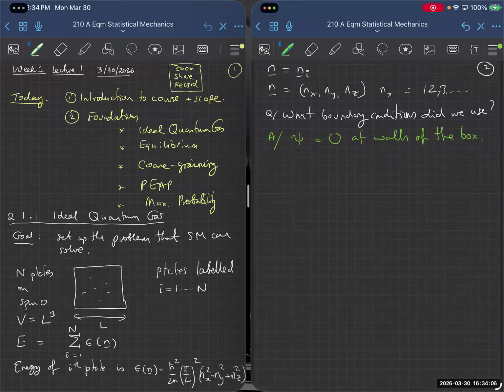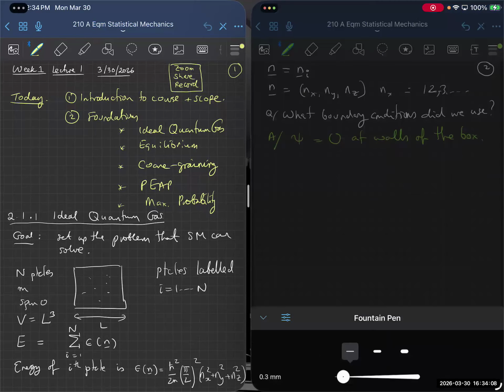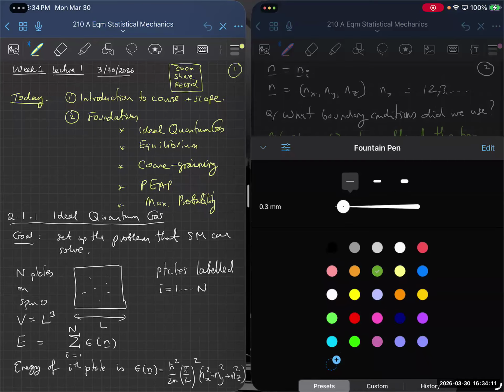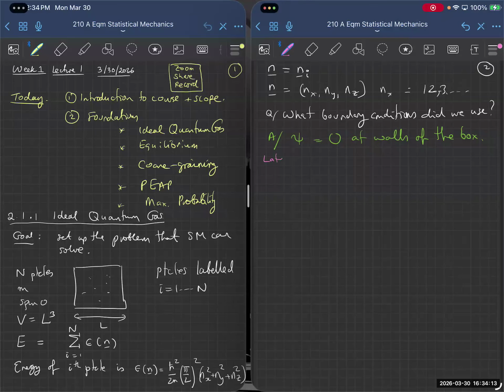So we could use periodic boundary conditions, and you will get to play with that later. I know you can solve the Schrödinger equation with periodic boundary conditions or hard wall boundary conditions, but it'll be interesting to see what happens when you do the statistical mechanics.